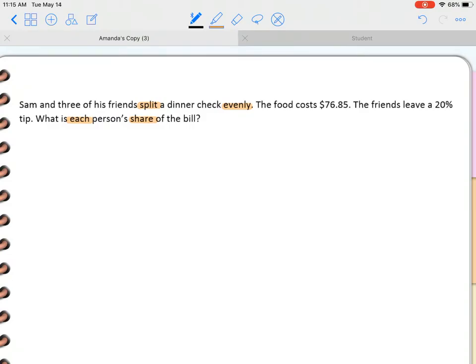If you split something mathematically, what are you doing to it? Those words mean divide. So at some point in this problem, I know I'm going to have to divide. So I would not want to stop this problem until I have done some division.